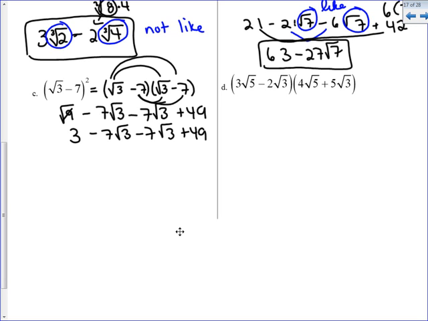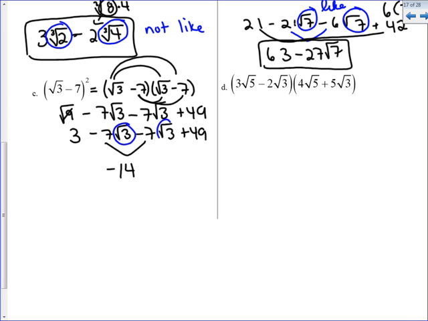Can I combine any of these together? The negative 7 and the negative 7 is going to give me what? Yeah, once it's all in line, we're combining like terms. So I get negative 14 square root of 3. So these two are like terms again.